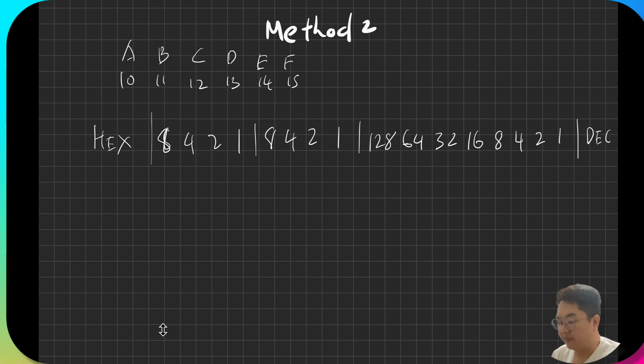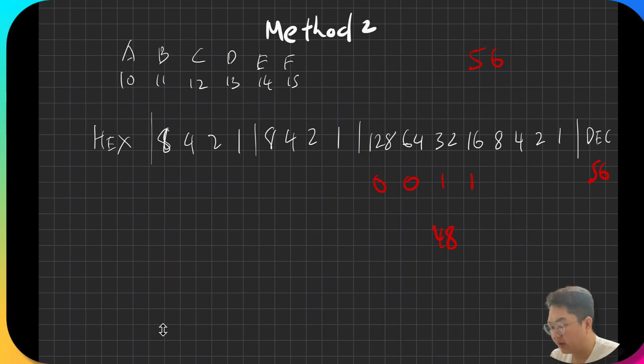Let's do another example. This time we have the number maybe 56. Put the number here. Here, definitely is 0. This is also 0 because it's over. So 32, definitely. 32 plus 16 is 48. All right, so 48.